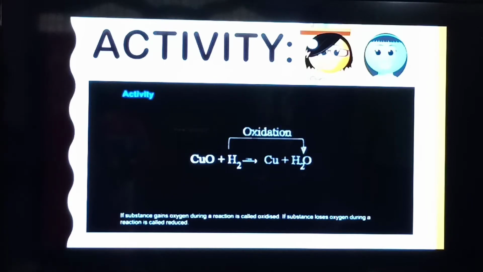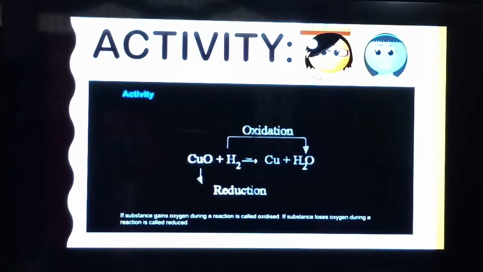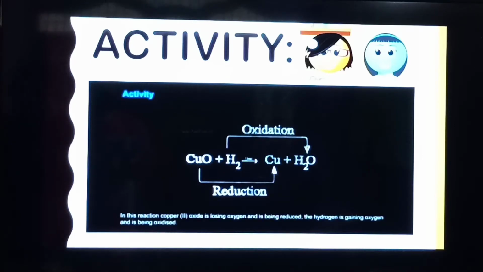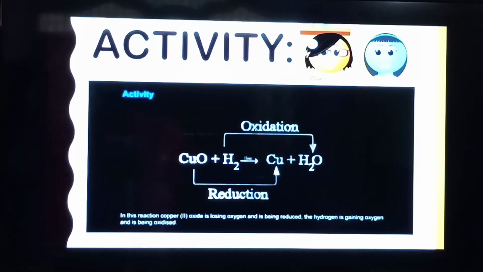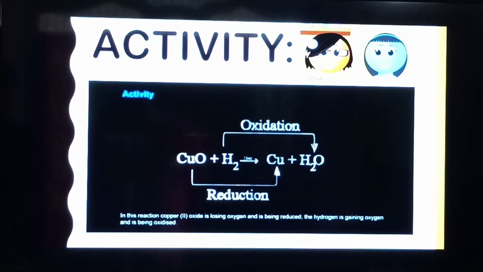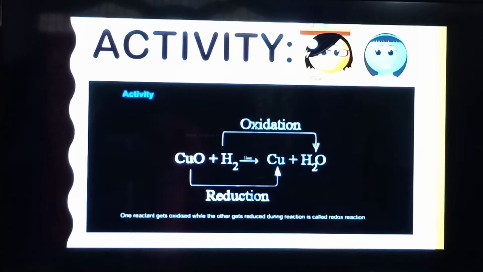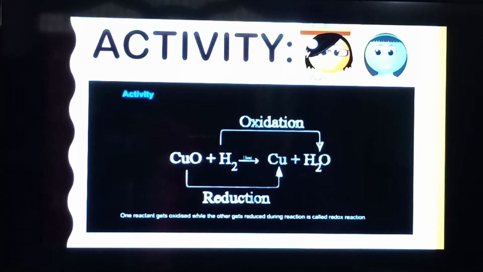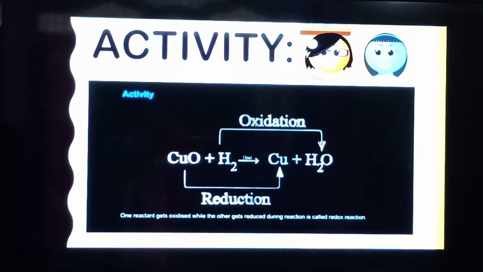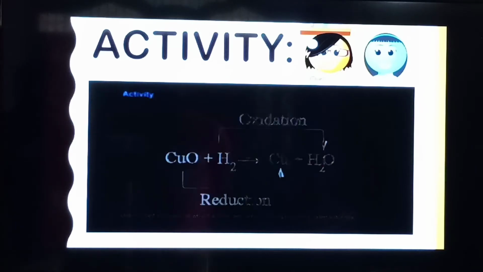If a substance loses oxygen during a reaction, it is called reduced. In this reaction, copper oxide is losing oxygen and is being reduced. The hydrogen is gaining oxygen and is being oxidized. One reactant gets oxidized while the other gets reduced during the reaction. It is called a redox reaction.